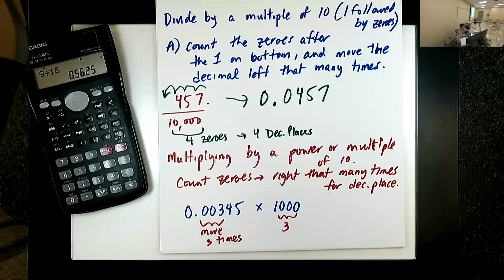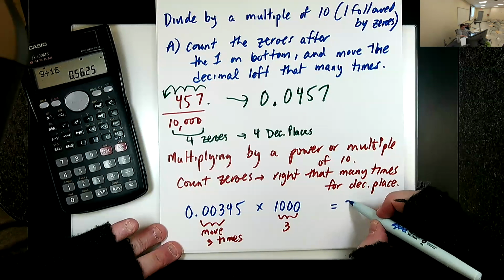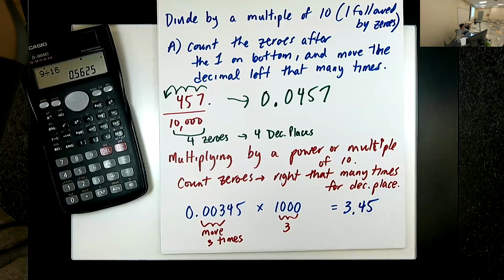And this will become 3.45. No calculator needed. Anything with a 1 followed by zeros follows this pattern. This is really what scientific notation is doing. And I'll mention that again when we hit scientific notation.